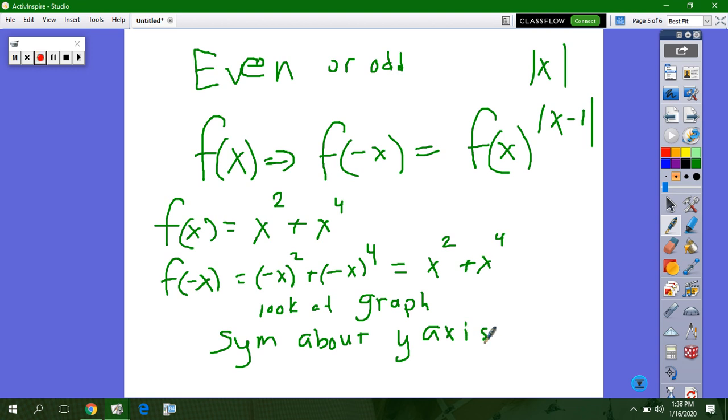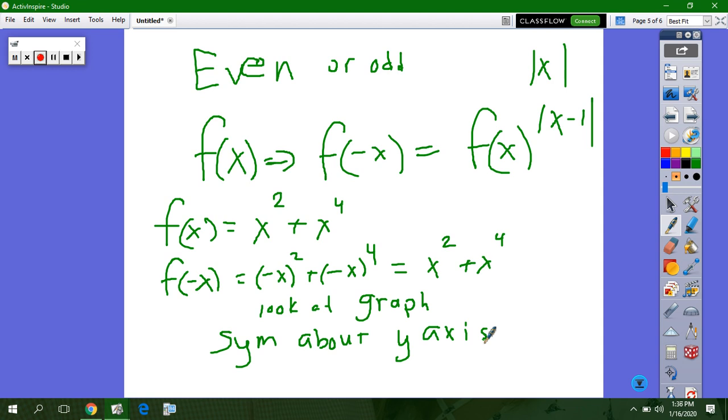So absolute value is a V, right? But as soon as I shift it to the right one, is it now symmetric about the y-axis? No, because the vertex isn't lying on the y-axis anymore. Just like a parabola is symmetric about the y-axis, right? But as soon as I shift it to the left or to the right, it's no longer symmetric about the y-axis.